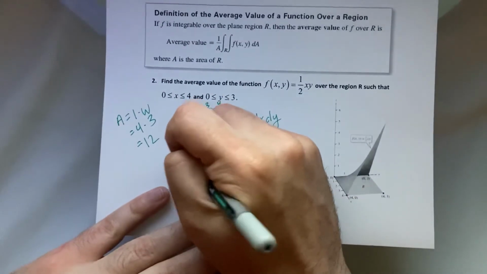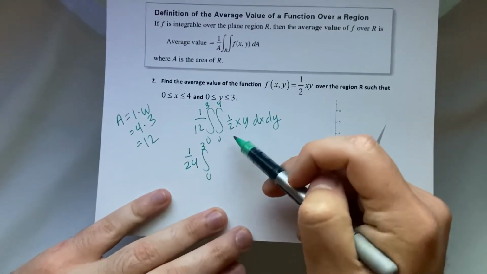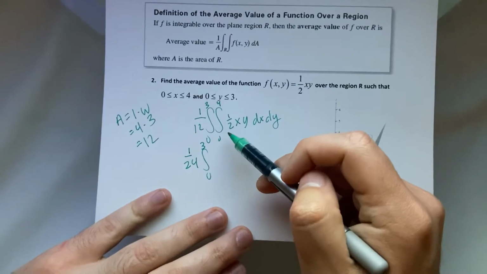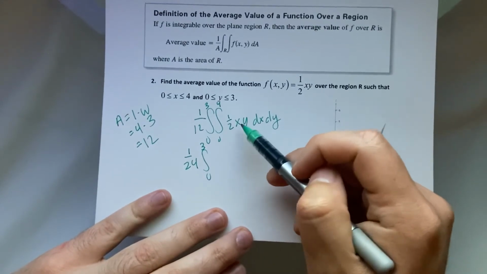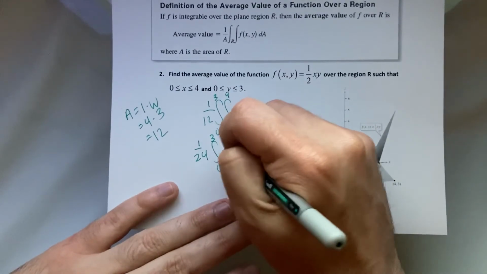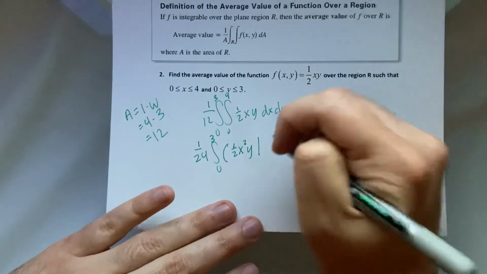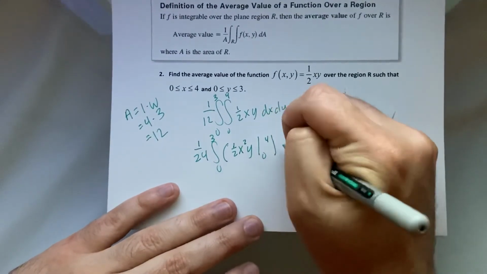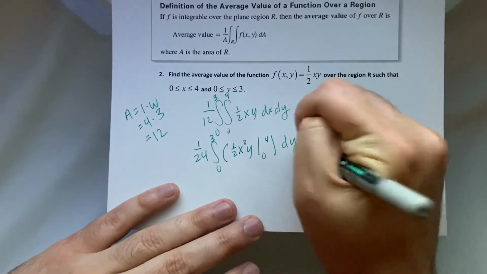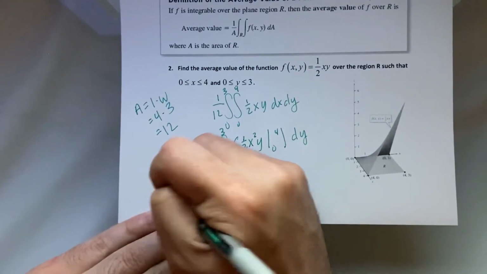Pull the 1/2 out, so this is 1/24 times the integral from 0 to 3. The integral with respect to x of xy would be 1/2 x squared y, evaluated from 0 to 4. Still dy on the outside. So this is 1/24.